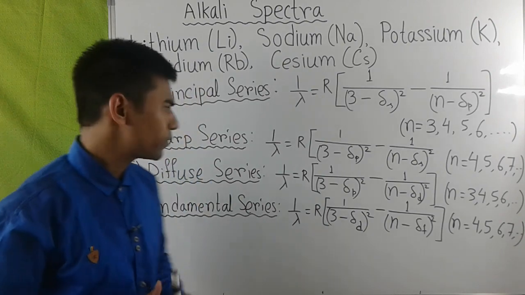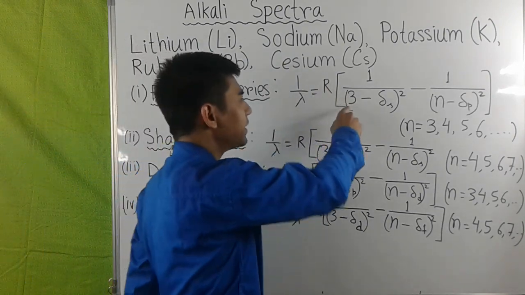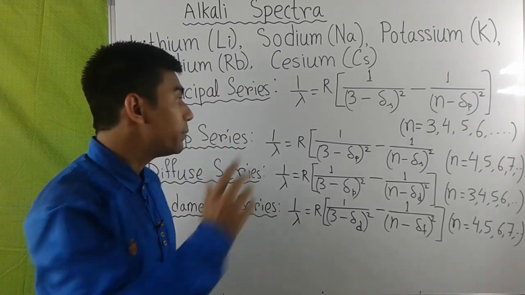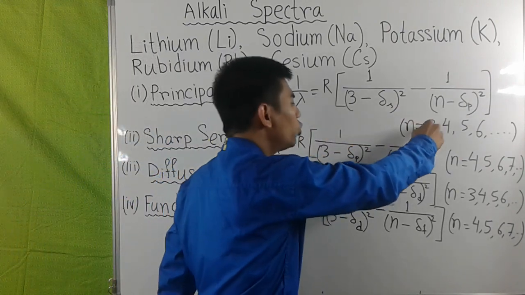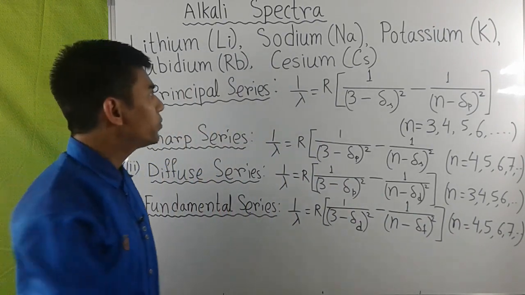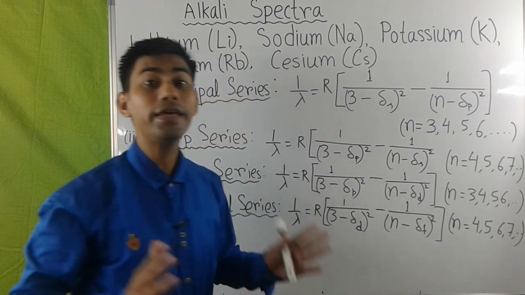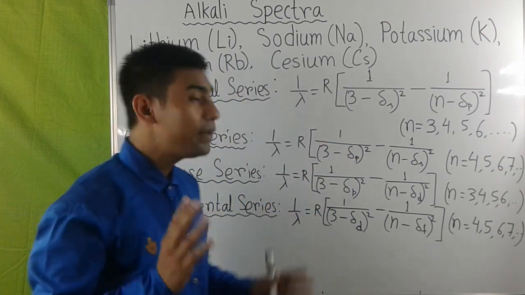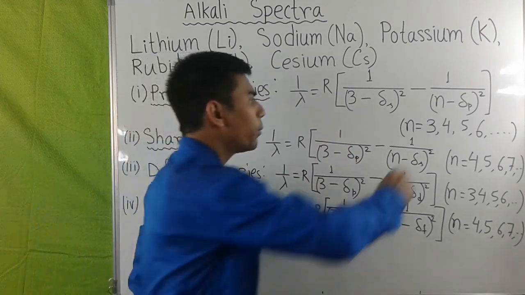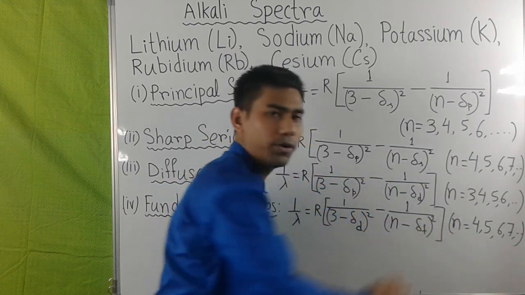For example, for lithium, in place of 3 there will be 2, and the minimum values of n are 2, 3, 2, 3. And for potassium, instead of 3 there will be 4, and the minimum values of n are 4, 5, 4, 5.